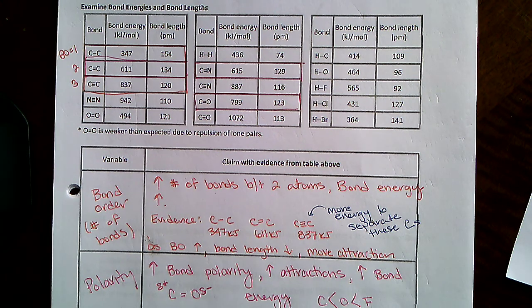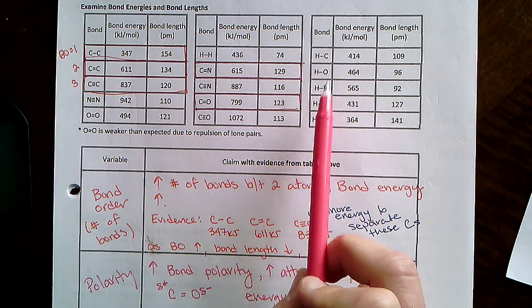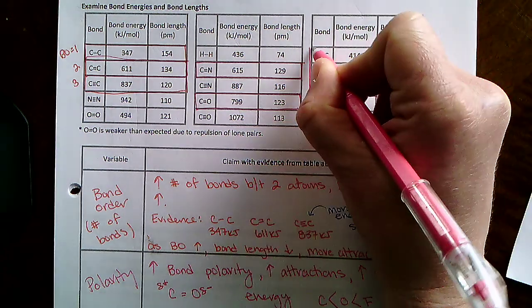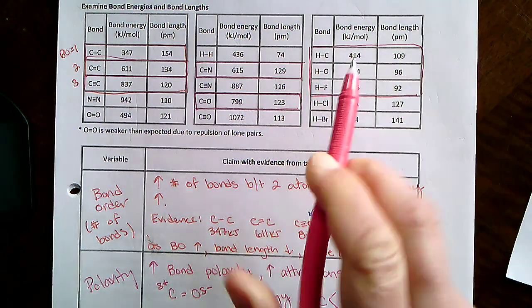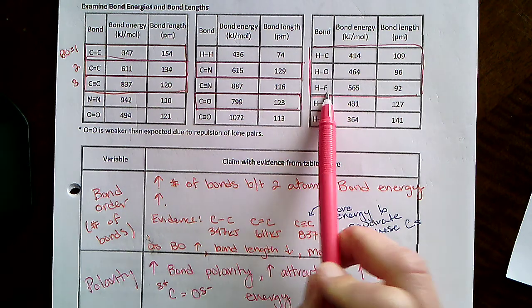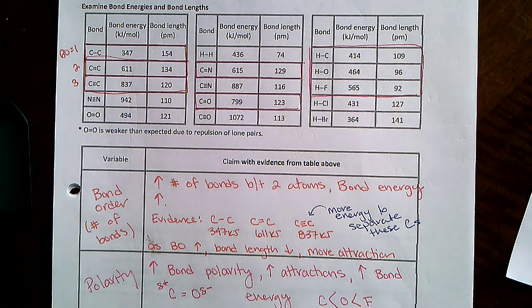You could have also looked at HC, HO, HF, and you would see the same trend. So H is controlled for, more electronegative going down, and you see the bond energy increases.